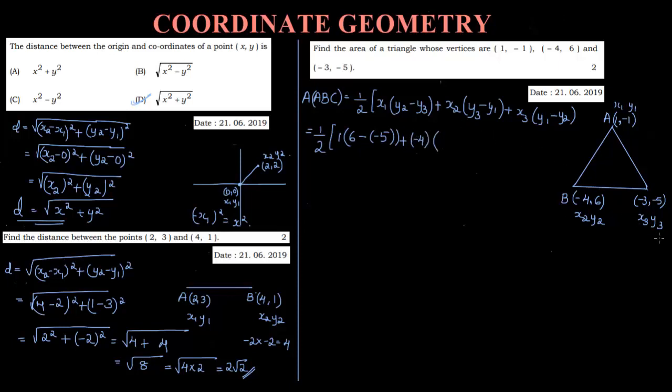And then y3 it is minus 5 minus y1, that is also negative. So let me write one more bracket. So x3, which is nothing but minus 3, y1 it is minus 1, right? Then we have minus y2, which is 6, right? So substitute that.